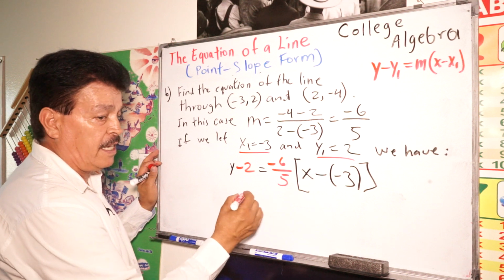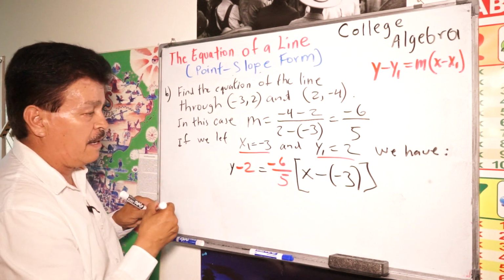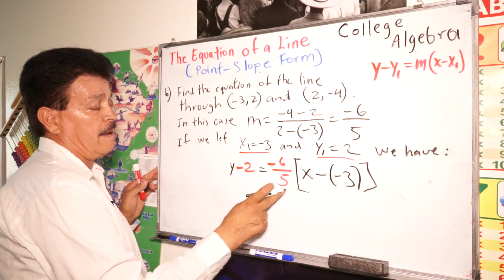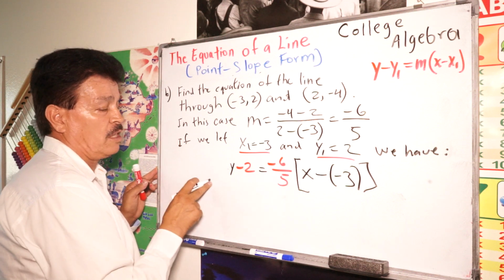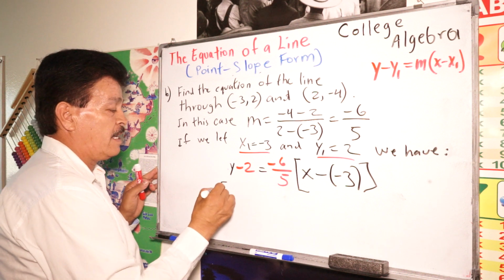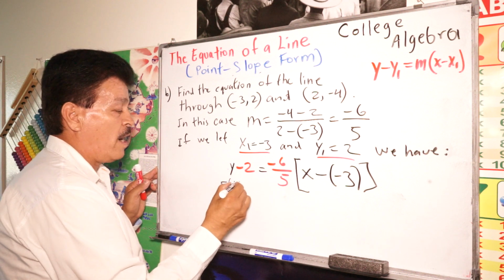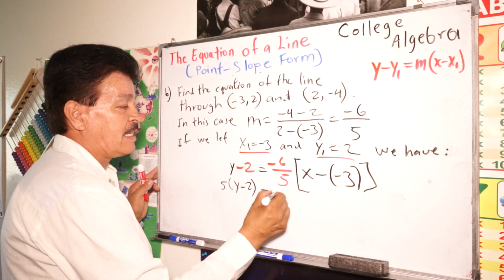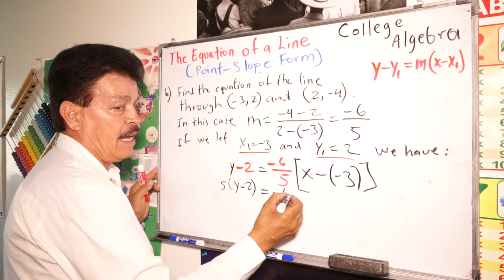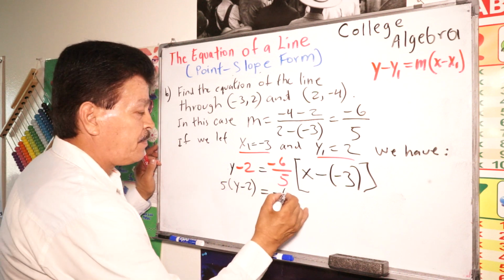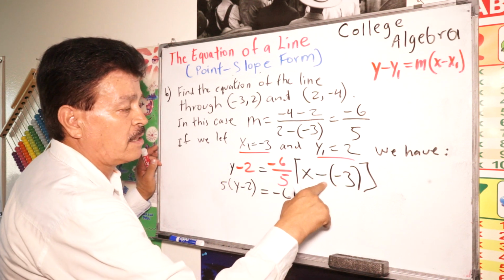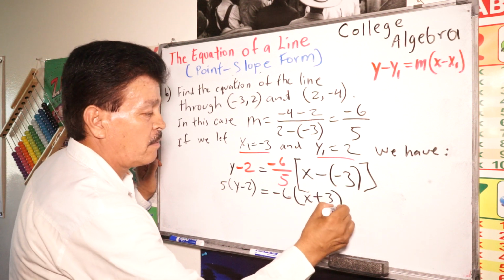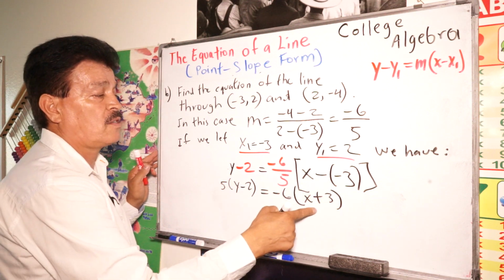Next step, just multiply: 5 times y minus 2 equals -6 times x plus 3, because negative times negative is positive.